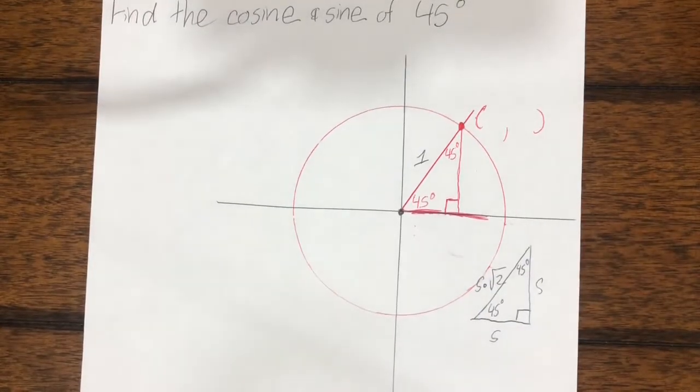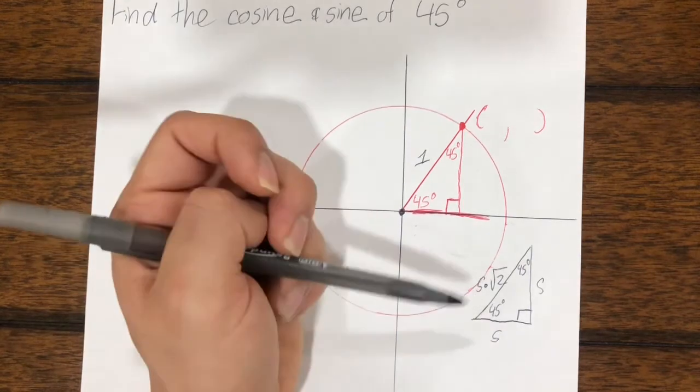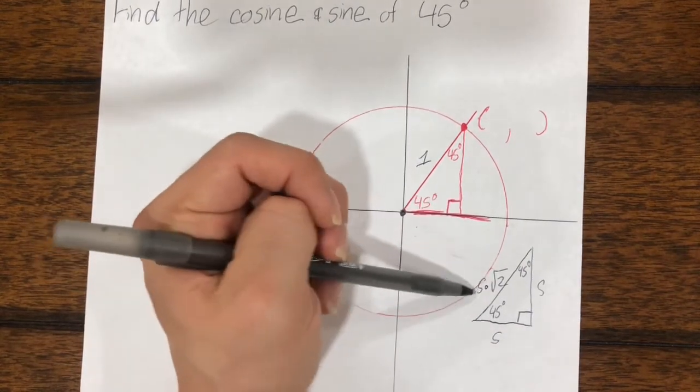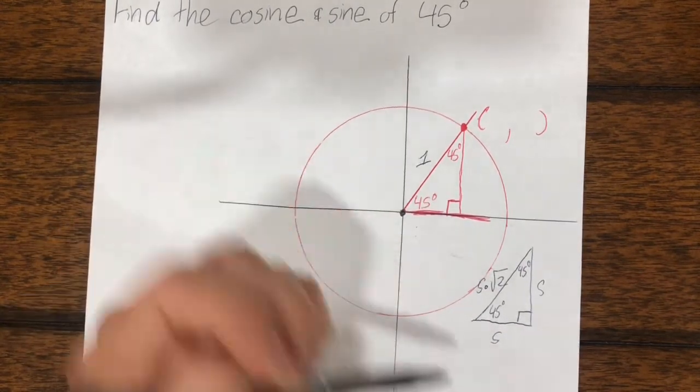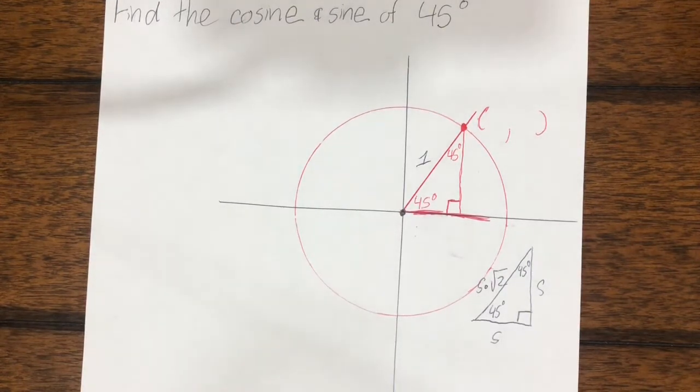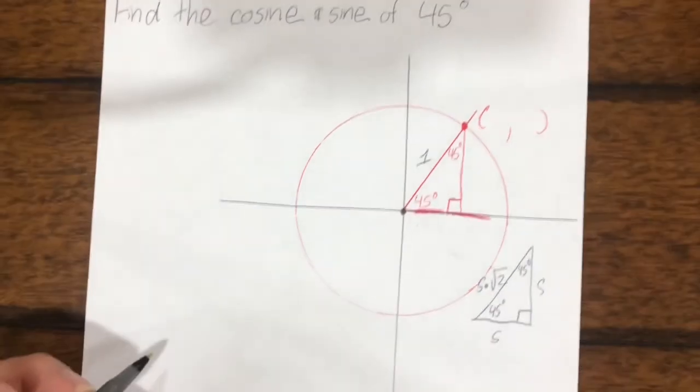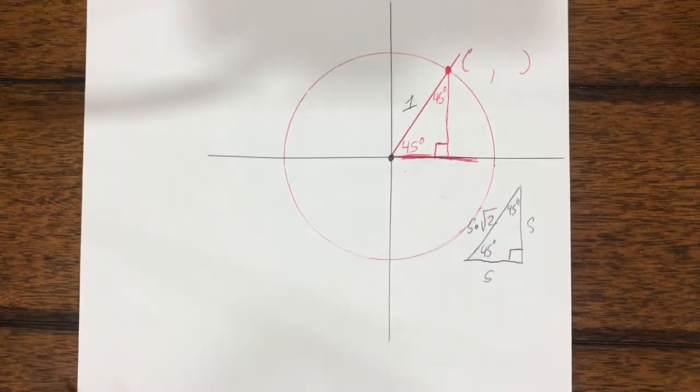So all we need to do is figure out what I multiply by root 2 to give me 1. So this isn't going to be an easy guess and check situation like the previous examples. I'm actually going to have to do some math for this one, which I'm going to do on the side.